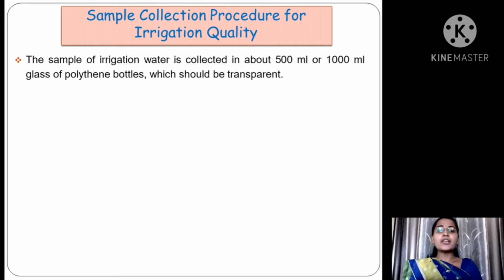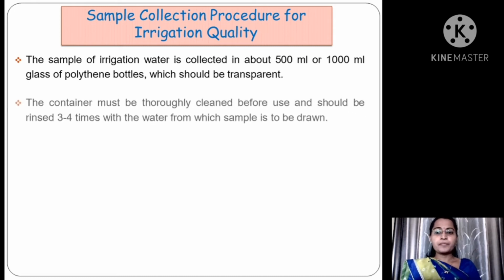The sample of irrigation water is collected in about 500 ml or 1000 ml glass or polythene bottles, but they should be transparent. We must take care that whatever bottles we use for sample collection, they must be transparent. Here we avoid using amber color bottles.